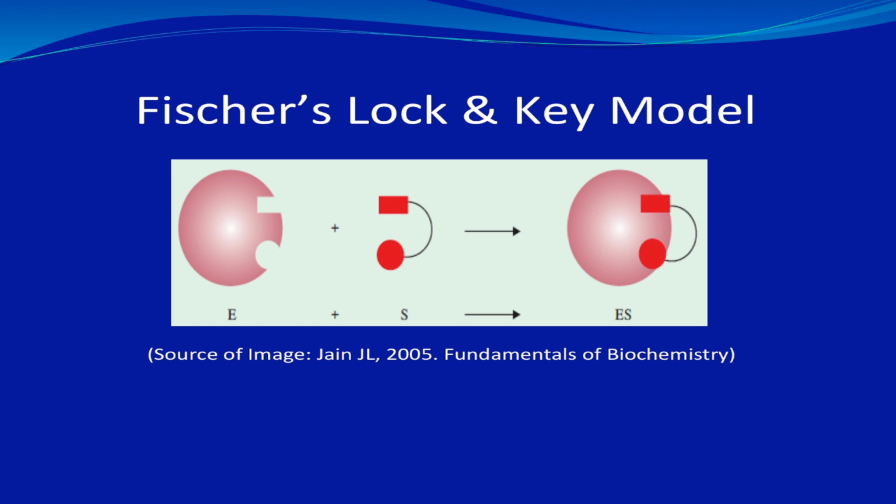Lock and key model, the name itself suggests, the substrate binds to the enzyme just like a key fitting into a lock. That's why the name is lock and key model. And when the key fits into the lock, definitely the active site has to be very, very rigid.